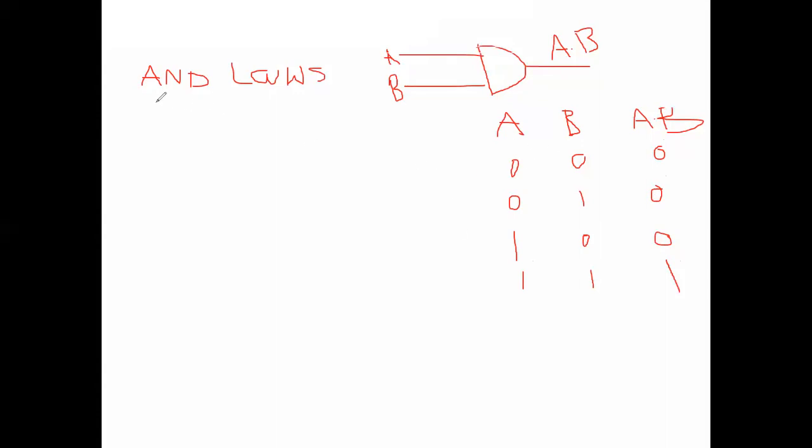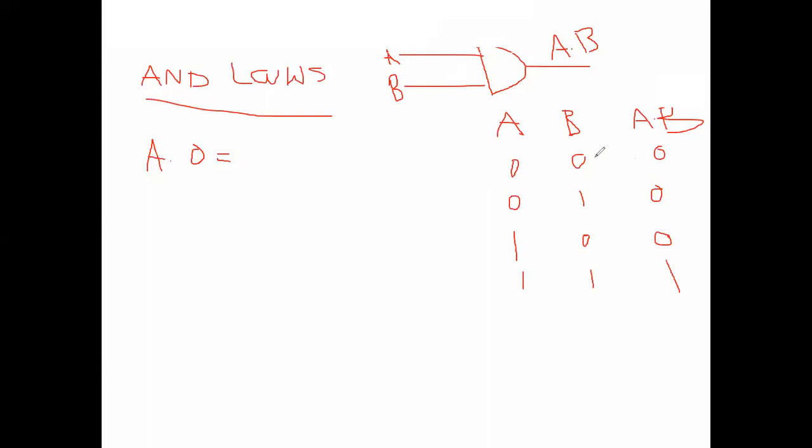Now we take the laws. Which law are we taking? The first one is A dot 0. Based on this truth table, if any one of the inputs is 0, then what is the output here?